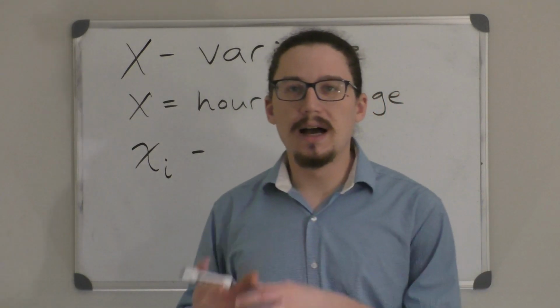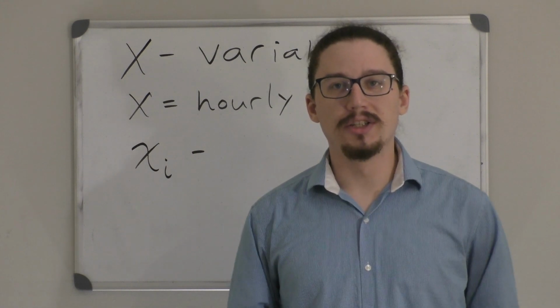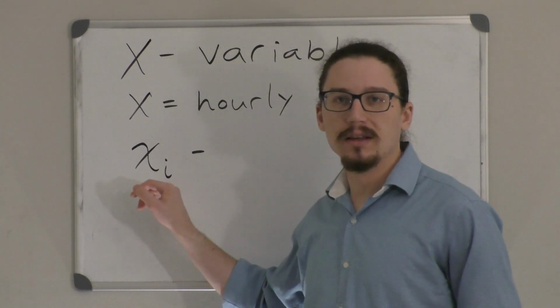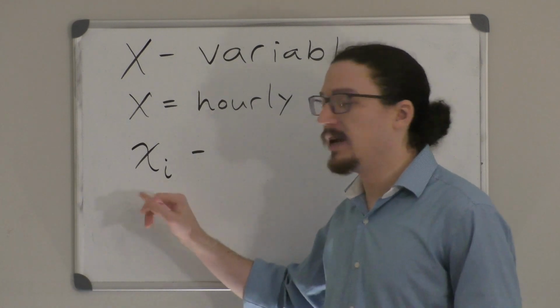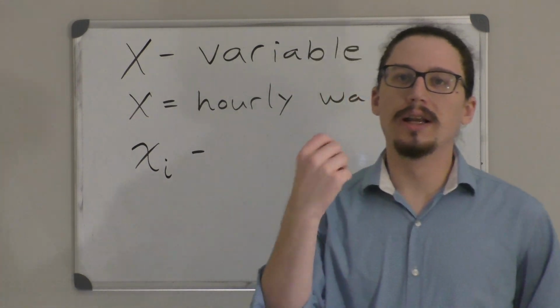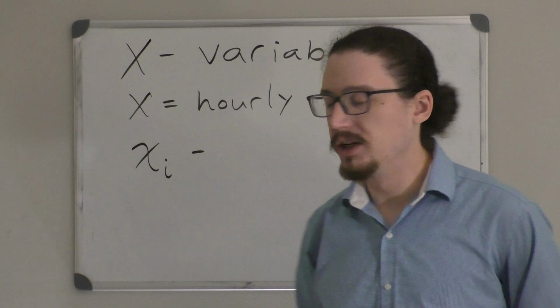As I said before, xi is an individual observation of our variable, and the i is a placeholder for which observation.